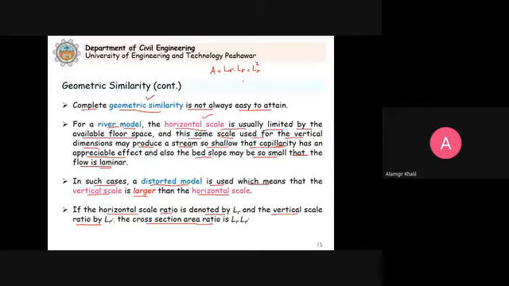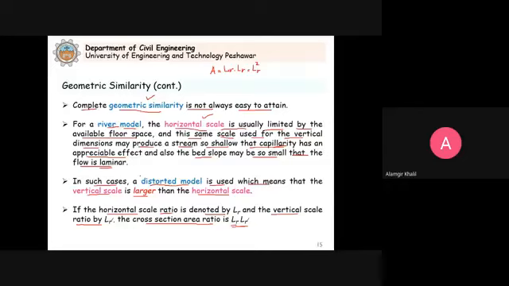Actually, this is better. We ensure similarity. Now, in this case, because of the problem that we cannot maintain the same scale ratio for the horizontal scale and the vertical scale, what we can do is that you see LR is not the same as LR prime or LR dash.